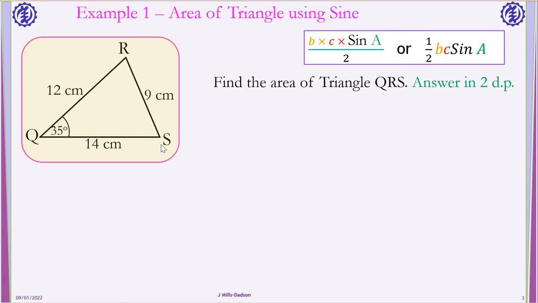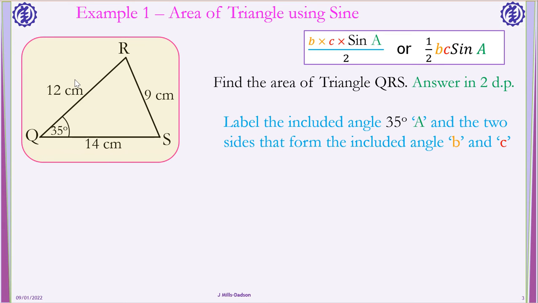We are supposed to work out the area of triangle QRS. Answer to 2 decimal places. We have 3 sides, but let's pick 2 known sides that have an included angle. All we need to remember is that this is our formula. This is the angle A, this is B, this is C, or this could be B, this could be C. It doesn't really matter.